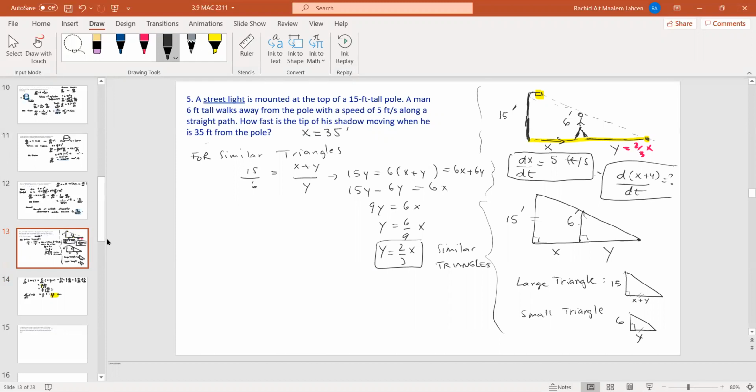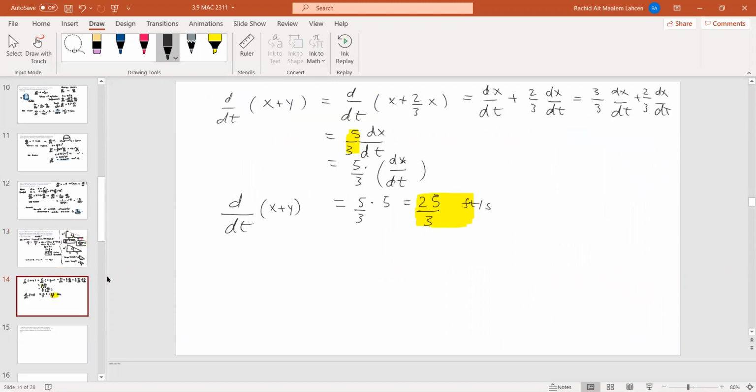So we try to find y using similar triangles, and that gives us the y there. Once we know the y there, instead of x plus y, we will use x plus 2/3 x, right? And that's the work here.